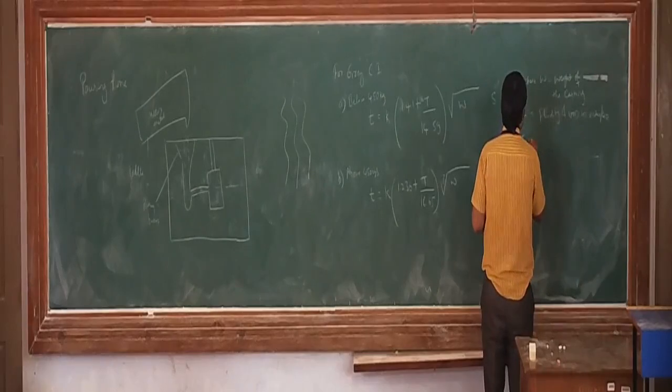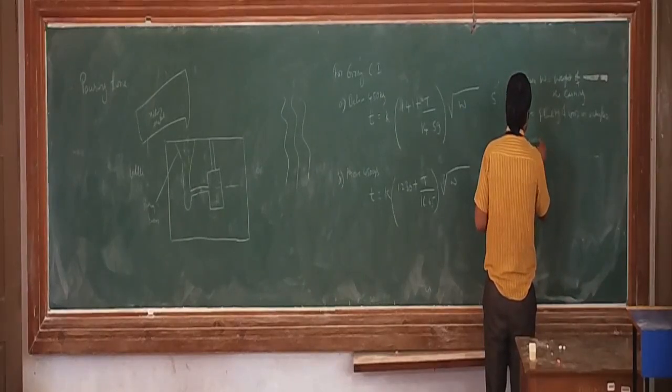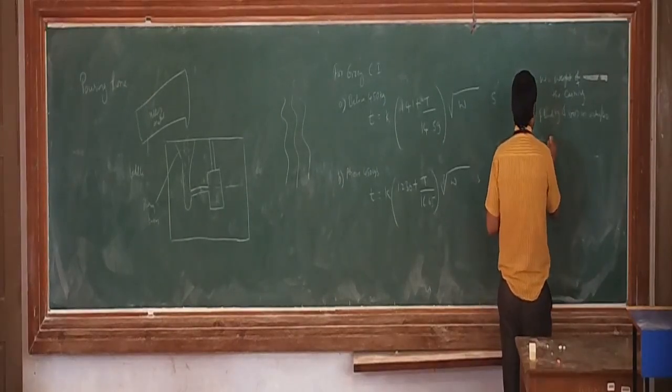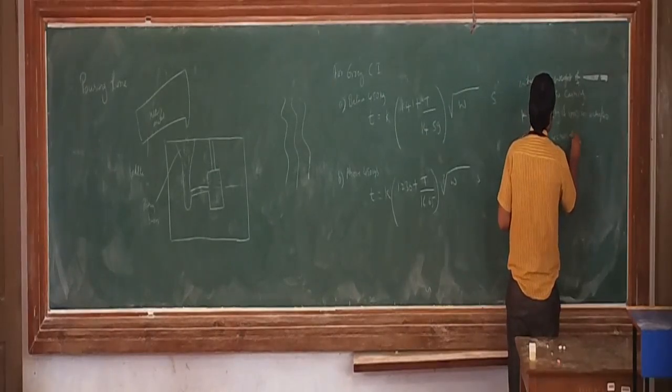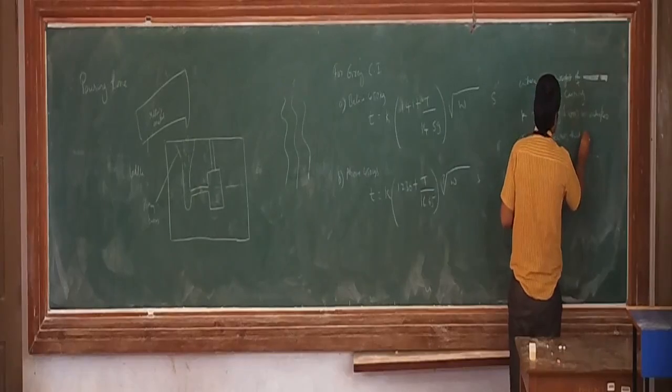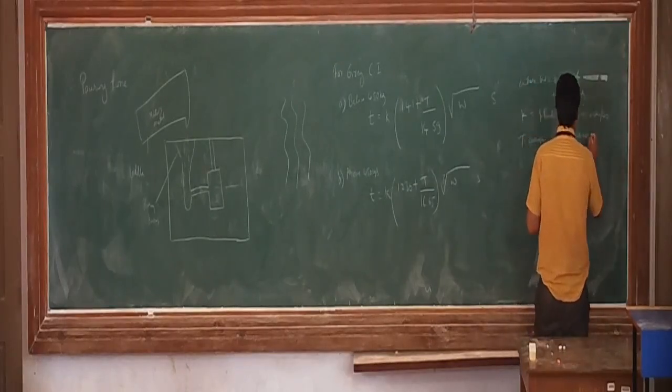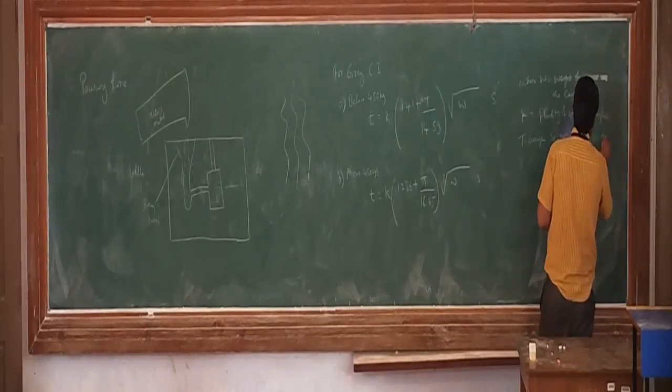Capital T is the average section thickness in millimeters.